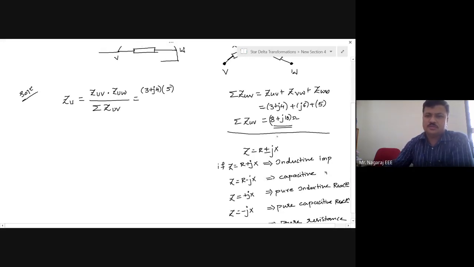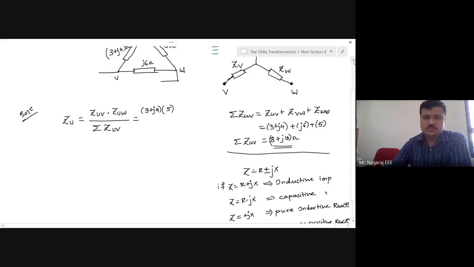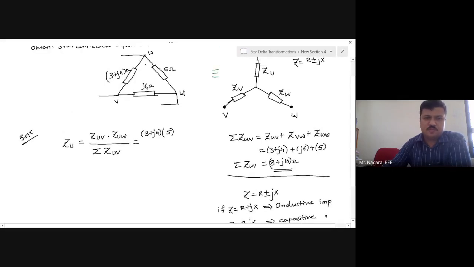So with this, all the impedances here are: this is inductive impedance, this is pure inductive reactance, and this is pure resistance. Substituting in the formula, 3 plus J4 into 5 divided by summation ZUV, which is 8 plus J10, ZU is equal to.